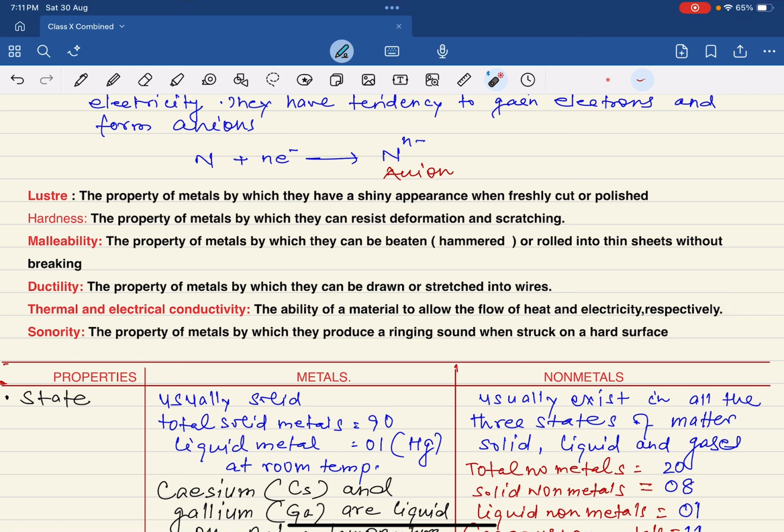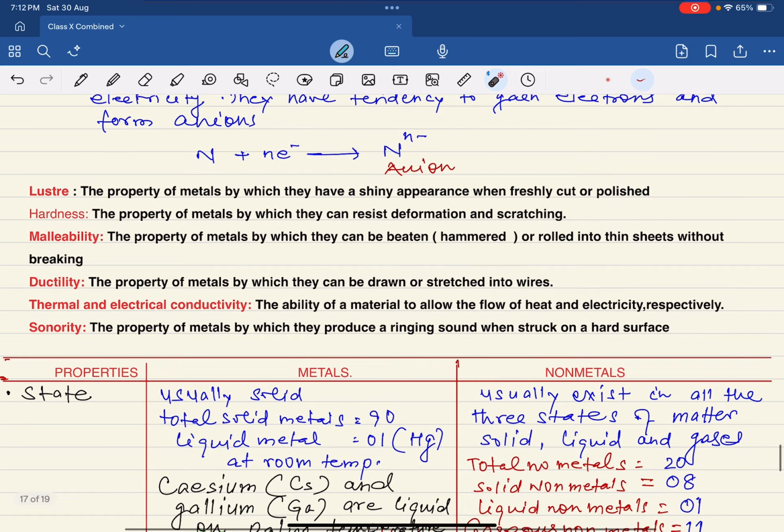So, luster, hardness, malleability, ductility, thermal and electrical conductivity and sonority are a tool by which we can easily differentiate between metals and non-metals.